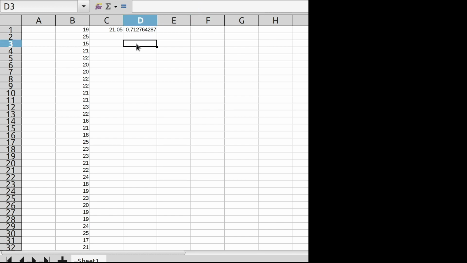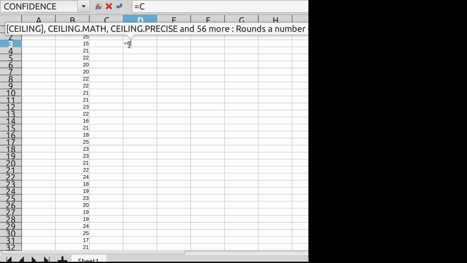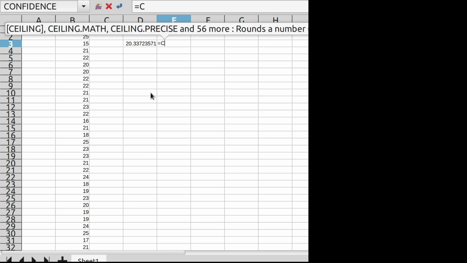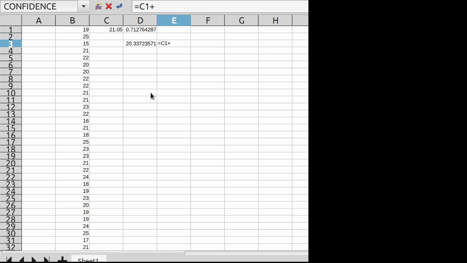But look what I can do here. I can build my interval. My lower bound is going to be equal to C1, my mean, minus D1. And there's that lower bound. Then my upper bound equals C1 plus D1. And there I've made my confidence interval.